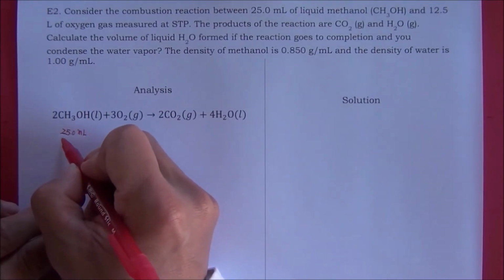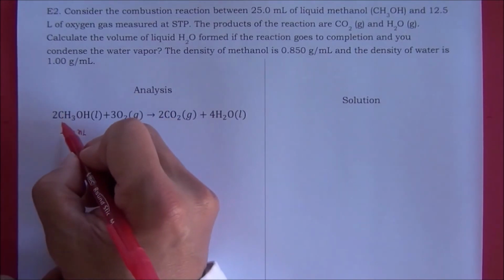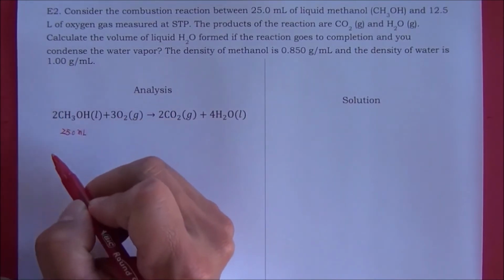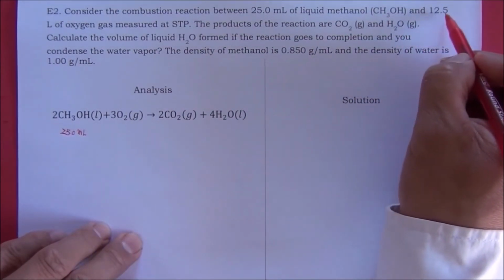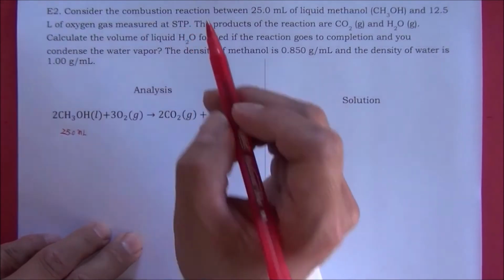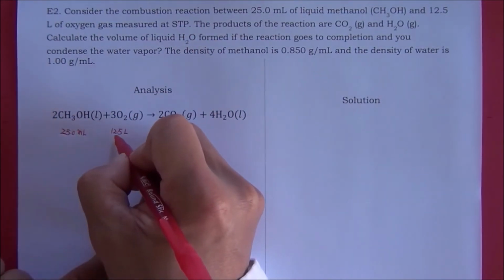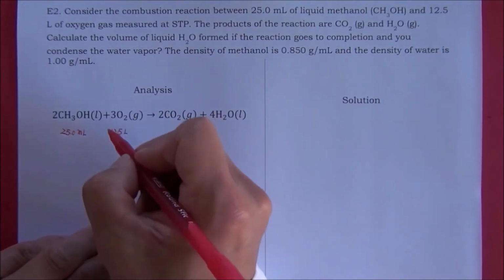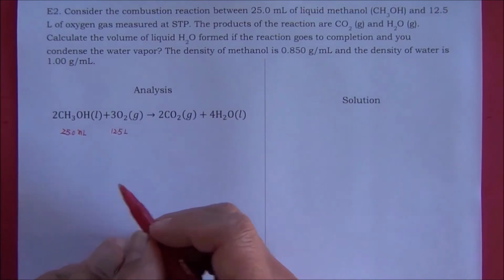We write down 25.0 milliliter below methanol under the chemical equation, and 12.5 liter of oxygen gas measured at STP. We write down 12.5 liter below oxygen gas under the chemical equation.